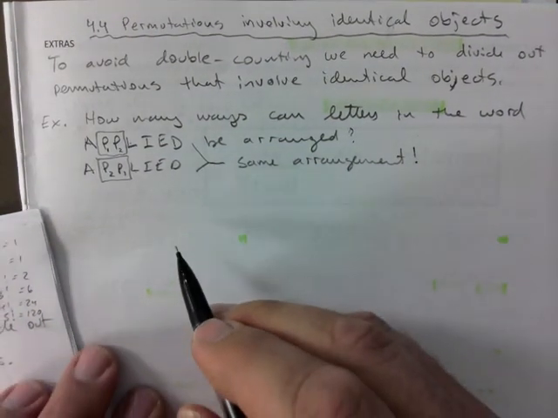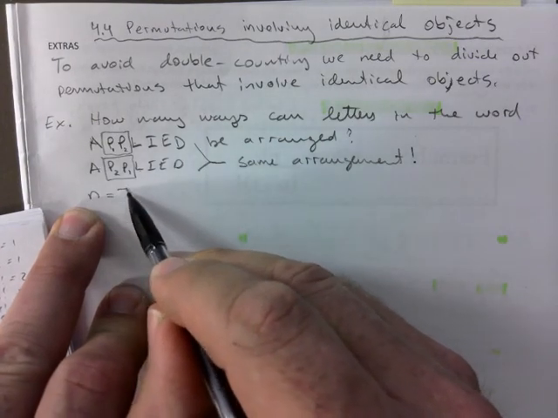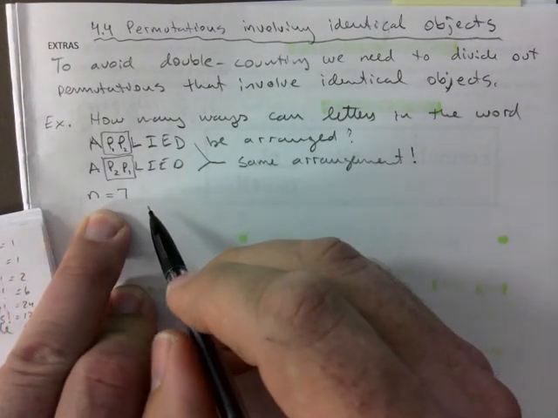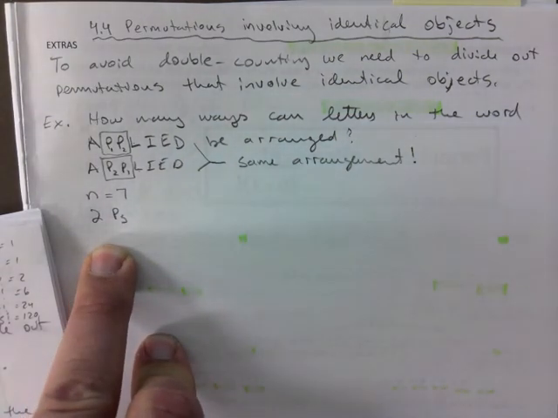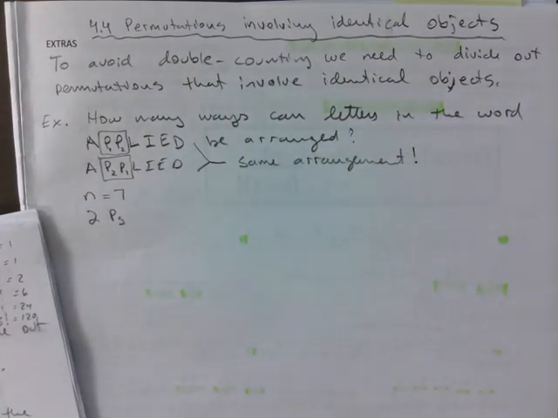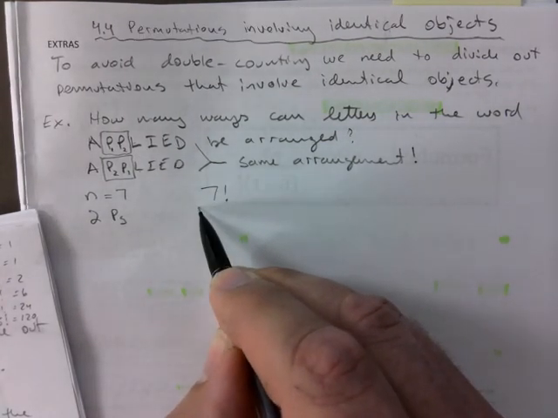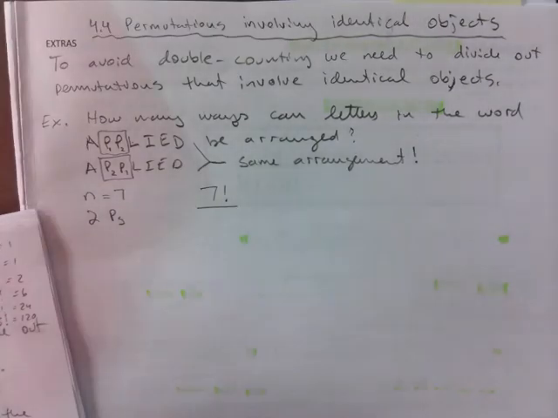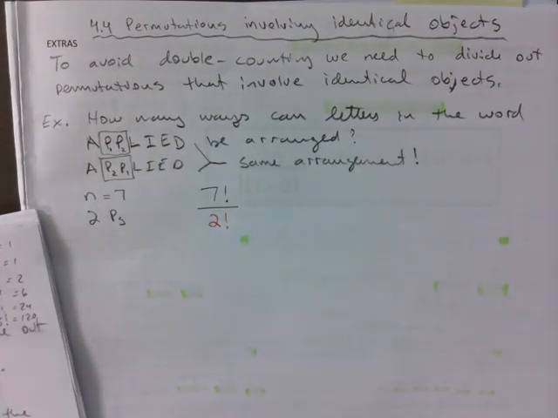So what you do is you count the number of letters. N is equal to 7, correct? And you have two P's. Okay? So you would normally just say, hey, that's 7 factorial. But now you're going to divide out the number of repeated elements.